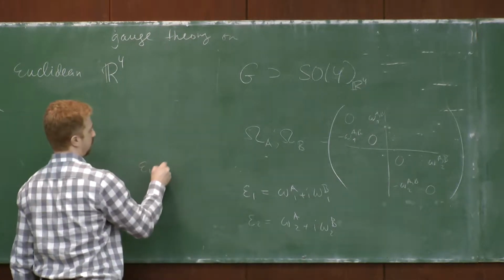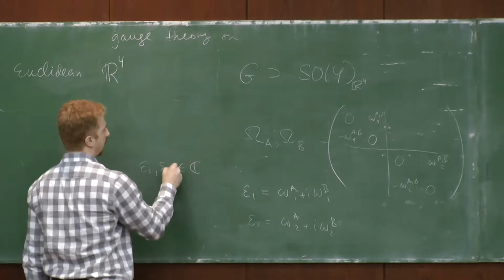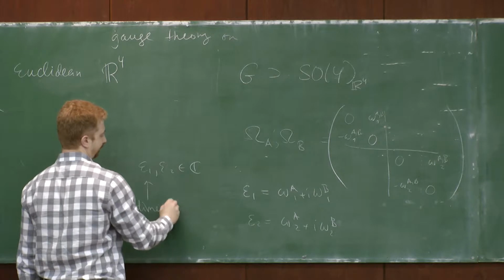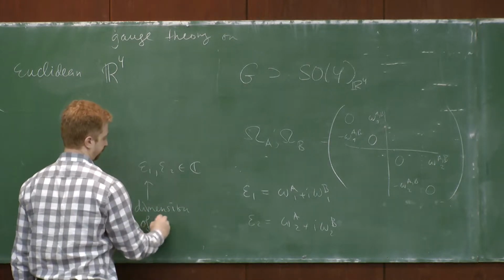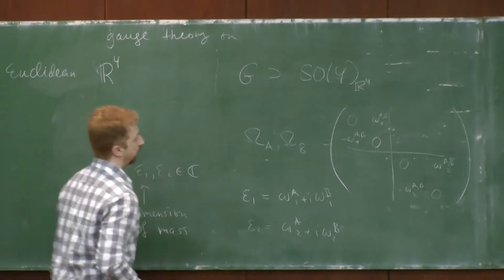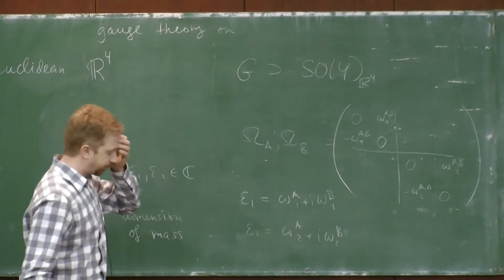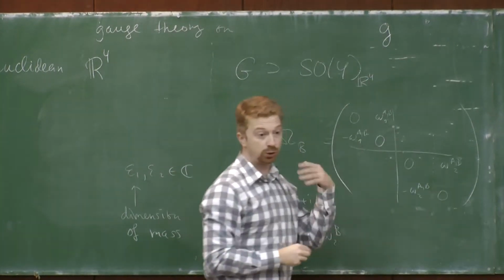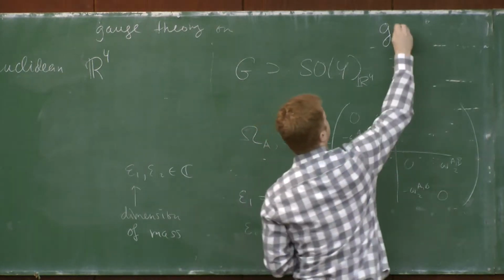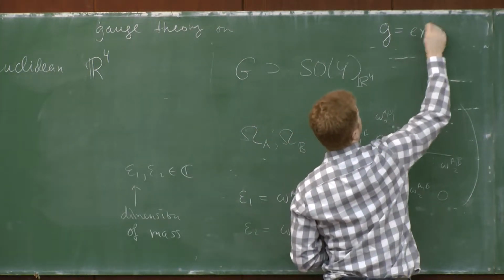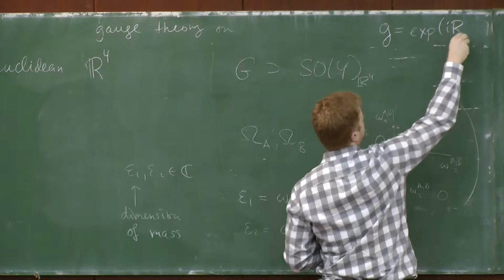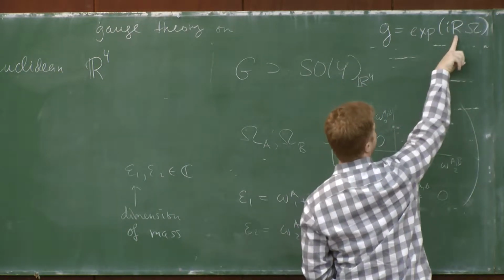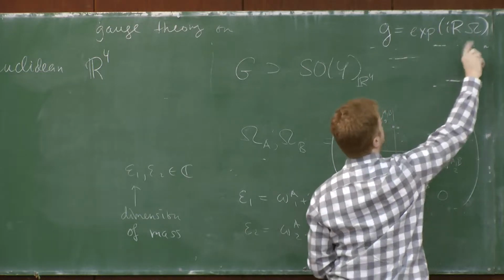So epsilon 1 and epsilon 2 are complex numbers, and they have dimension of mass. Because remember, the group elements by which you twist are dimensionless, but I take them to scale as the radius of the torus, which I send to 0. So this is dimension of length, therefore this has dimension of mass.